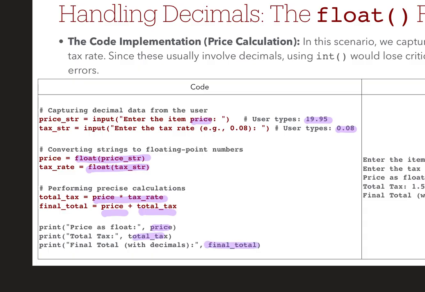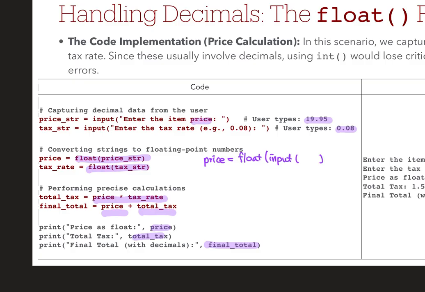Okay. So in this example, I'm introducing certain variables which are expected to be float numbers. And for that purpose, I need to convert the variables, price string and tax string, into numeric values by calling the float function. And as I said in the previous case, I can define price directly by combining a float function with the input function.